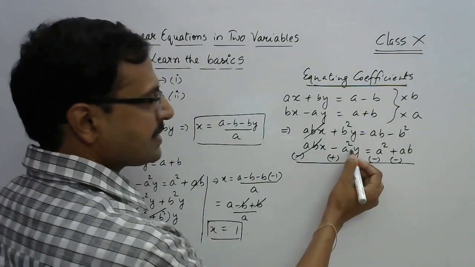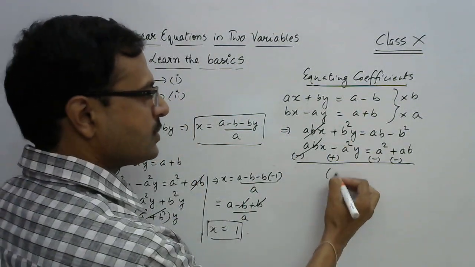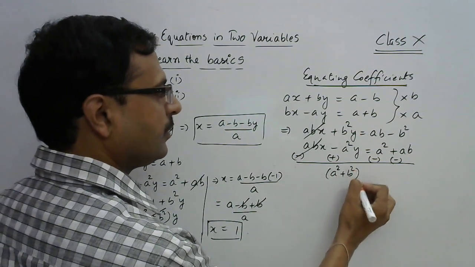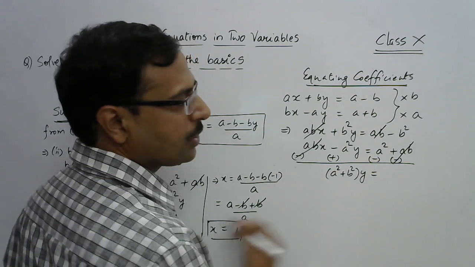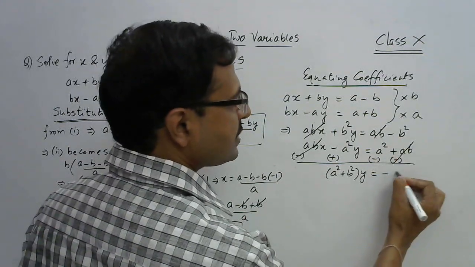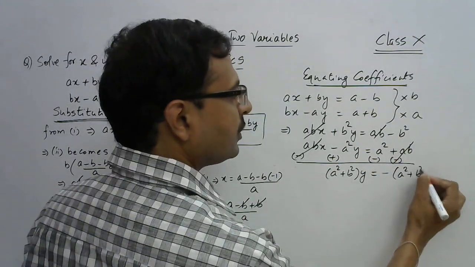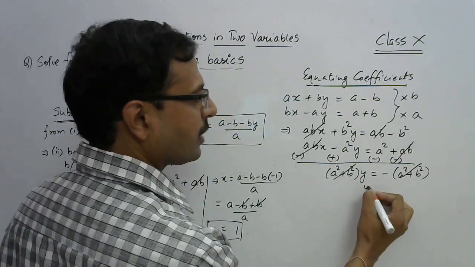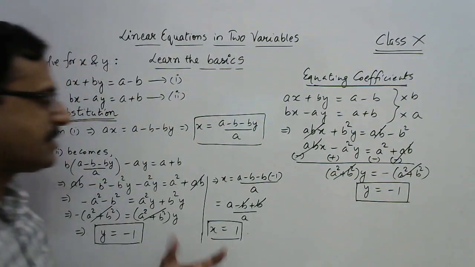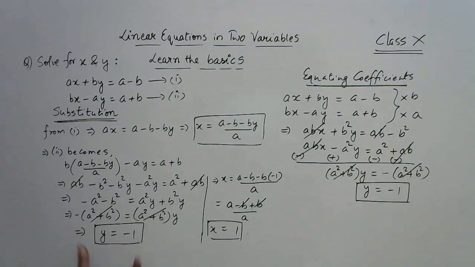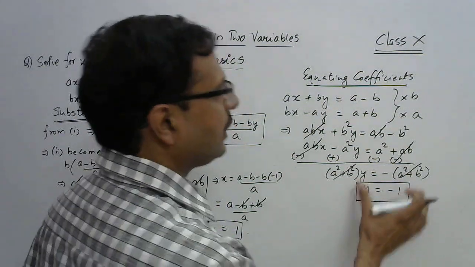This is plus a square y and plus b square y, so y can be taken common like this. Here we have ab cancelled out, and minus a square minus b square, we have minus common. So again the same common factor cuts out, thereby giving you the value of y as minus 1, which is the same as the answer obtained here. Now very easy, substitute this value in any of the equations.